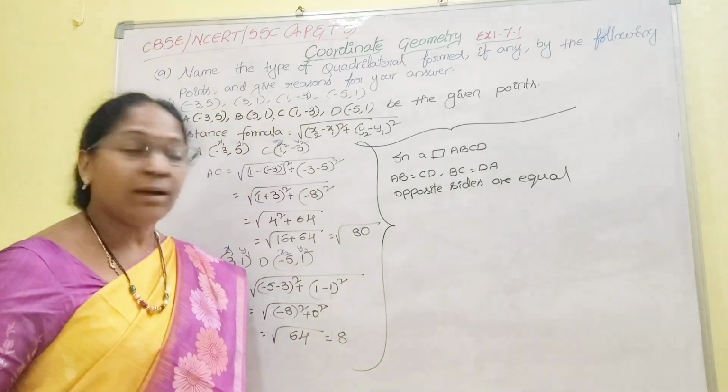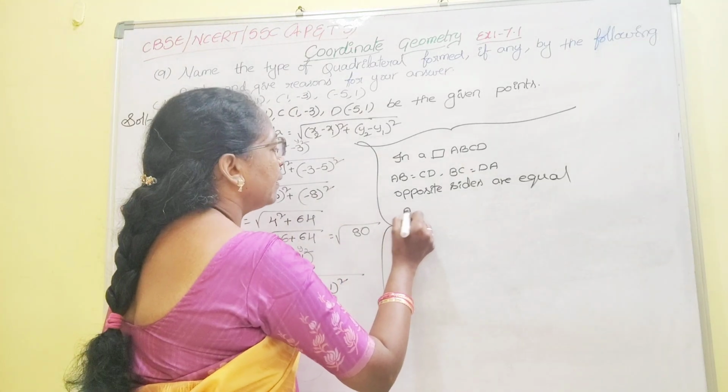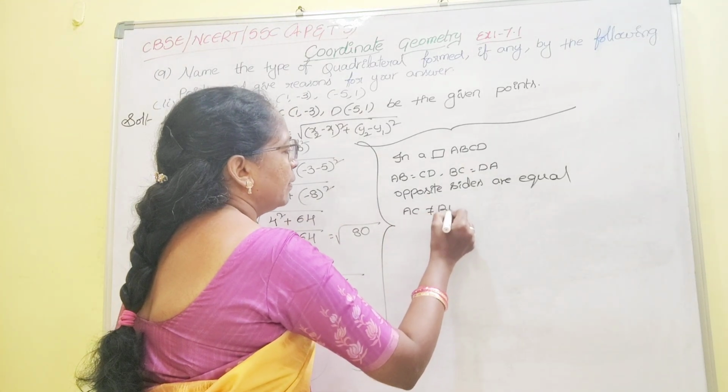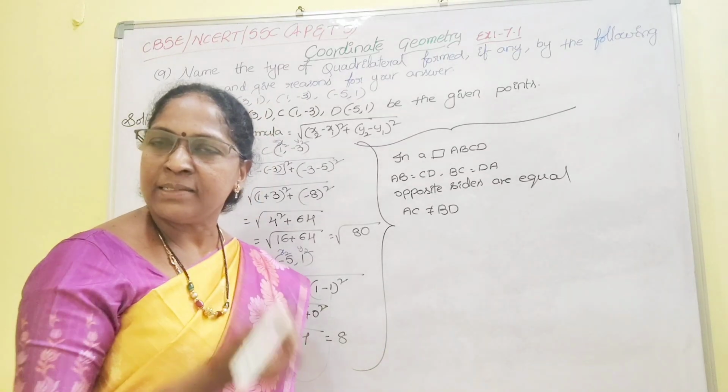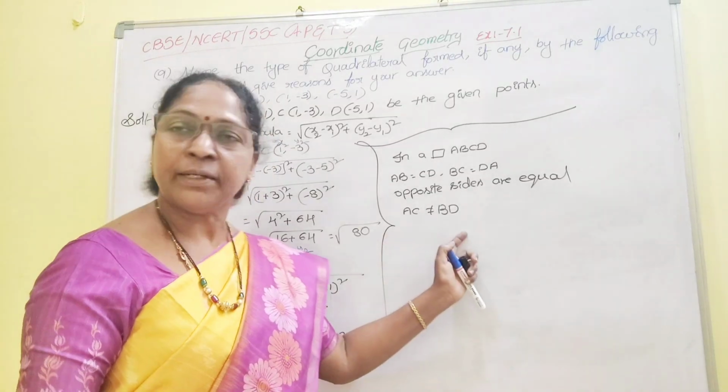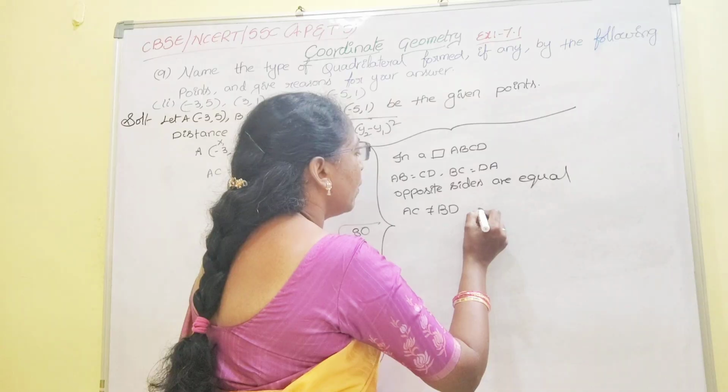And one more, here AC is not equal to BD. AC and BD are the diagonals of the quadrilateral. So AC is not equal to BD. That means the diagonals are not equal.